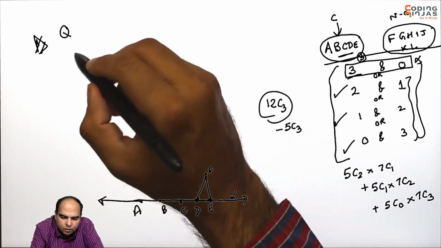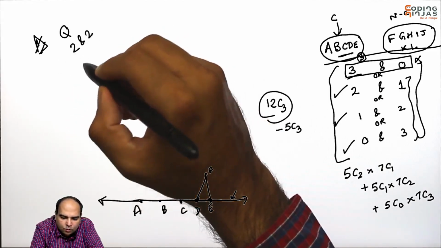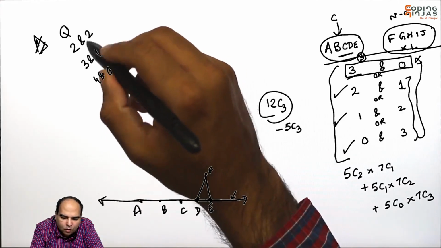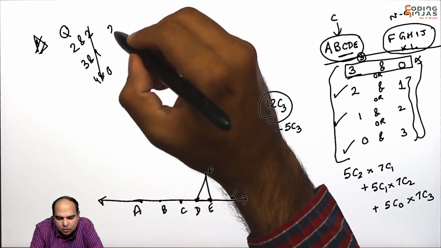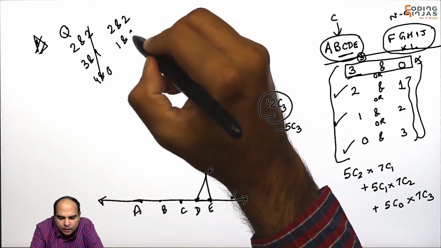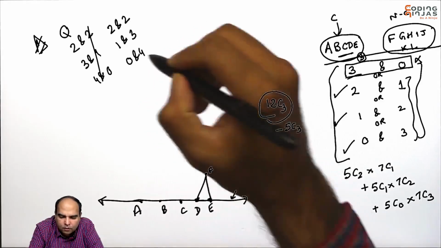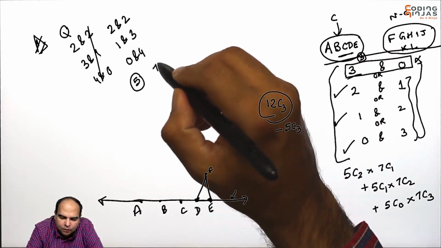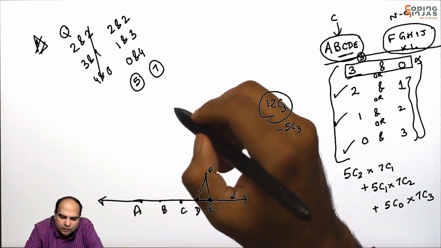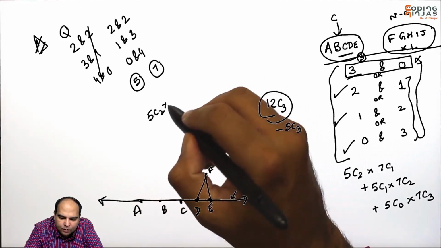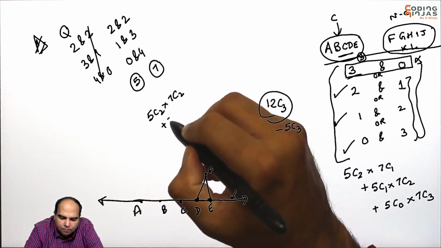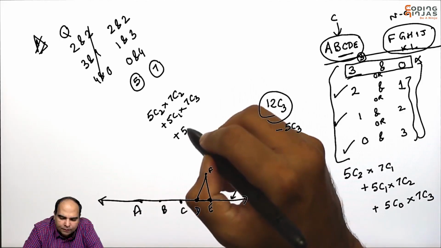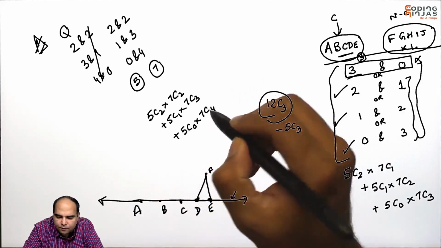So for the quadrilateral, the selections are 2 and 2, 1 and 3, and 0 and 4, depending on whether you're taking it from the 5 collinear points or the 7 non-collinear points. So the answer for the quadrilateral will be 5C2 into 7C2 plus 5C1 into 7C3 plus 5C0 into 7C4.